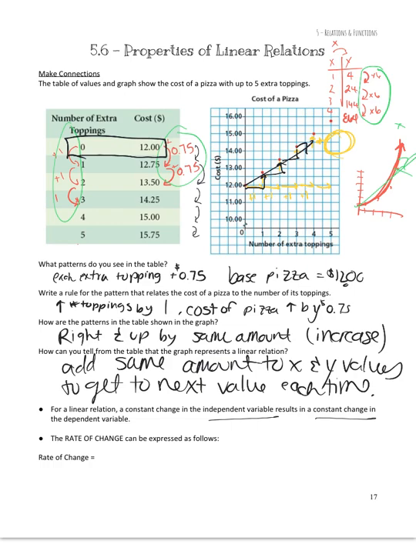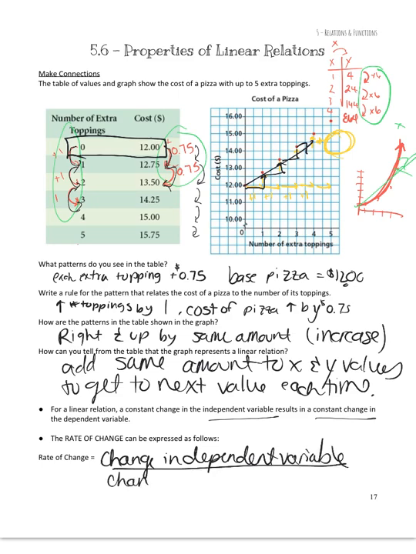So we saw a constant +1 in our independent variable, and we saw a constant change in our dependent of 0.75. So this leads us to the idea of the rate of change. The rate of change is the change in the dependent variable over, or divided by, the change in the independent variable.